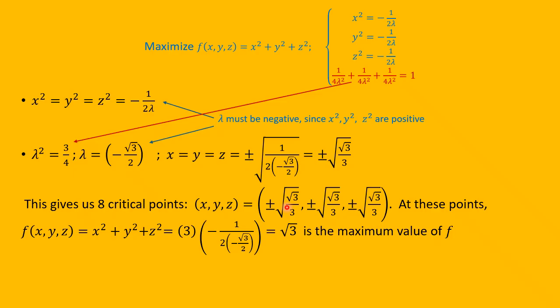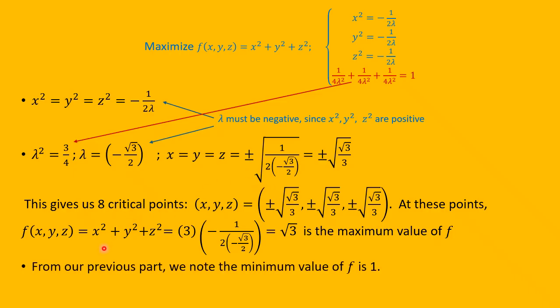The square root of 3, because we have 2 over 2 here, and we also have 3 divided by the square root of 3, which is the square root of 3. And we have a minus here, and so that's positive. So that's the maximum value that f can take, and that function f takes the value of the square root of 3 at 8 different points in space.